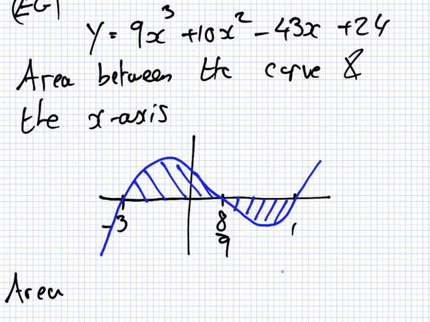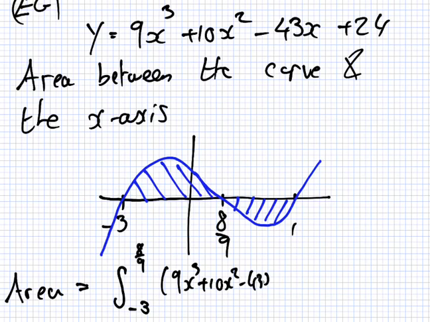Okay. So if I want the area, that would be from minus 3 to 8 over 9, 9x cubed plus 10x squared minus 43x plus 24. We have to subtract 8 over 9 to 1.